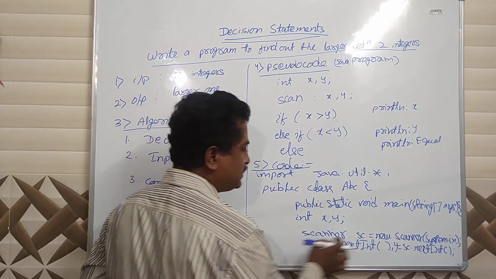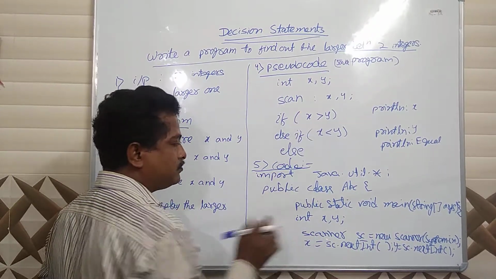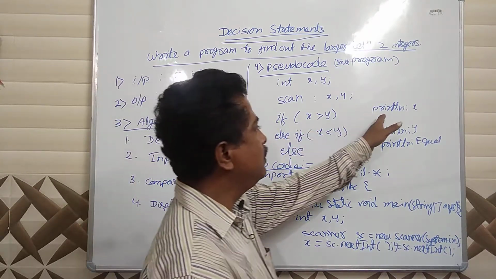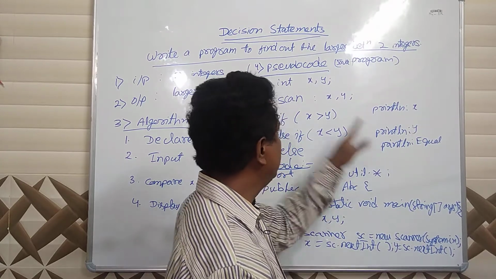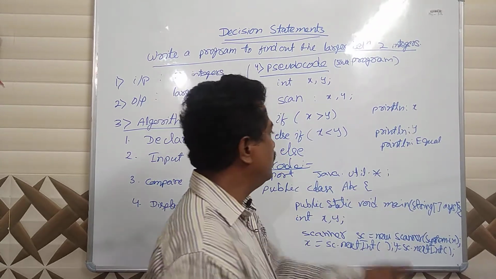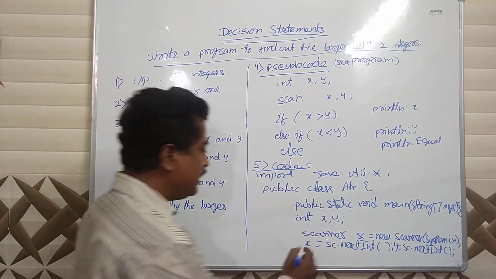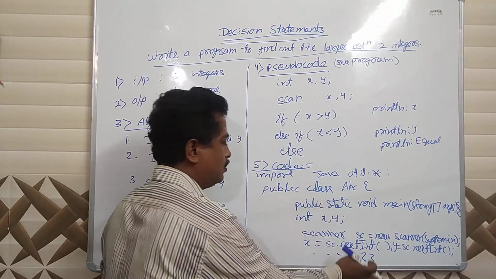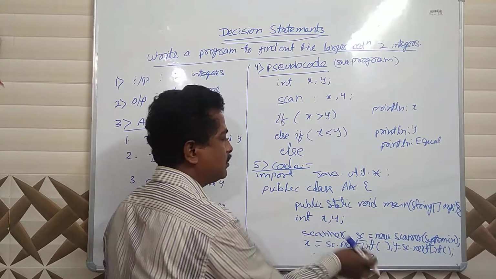After x and y are input, then put this one directly. If x is greater than y, SOP System.out.println(x). Else if this one, else this one. So at the end, two curly brackets. One is for main, another one is for class.